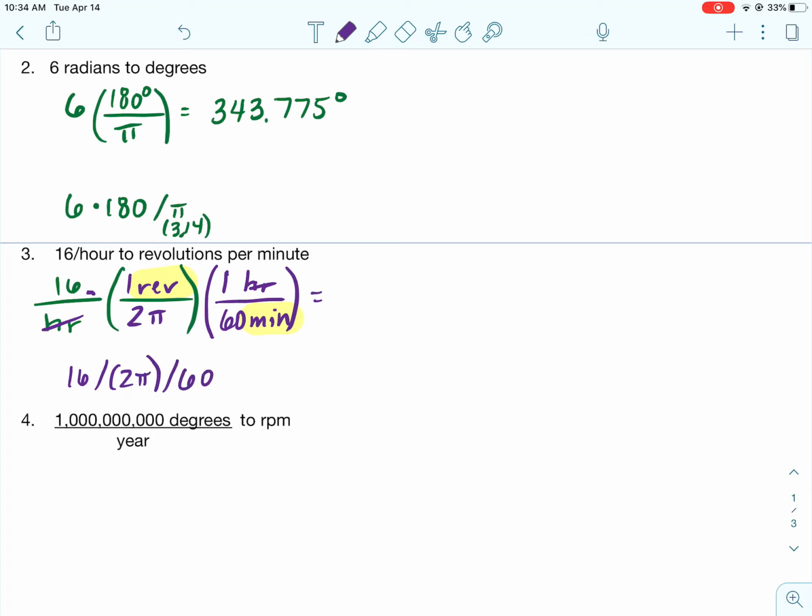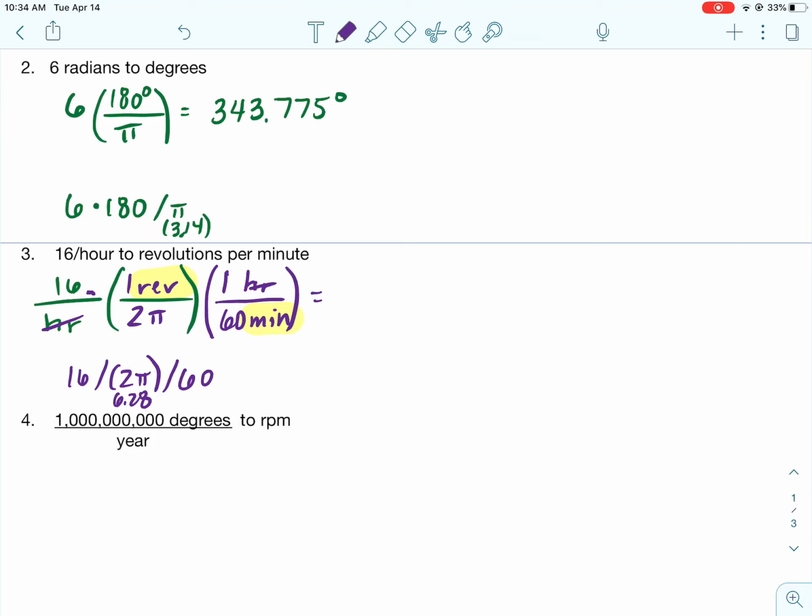And so in the calculator, you have to be super careful when you're dividing by 2 pi. So if you're using a graphing calculator, I would recommend that you do 16 divided by, and then 2 pi in parentheses, and then divided by 60. Otherwise, your calculator will divide by 2 and then multiply by pi if you don't have the parentheses.